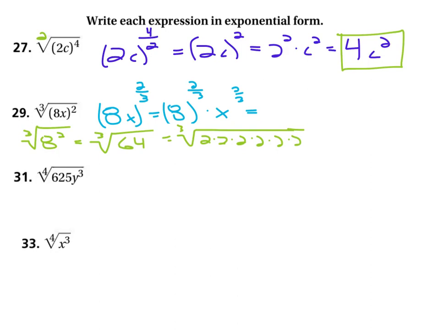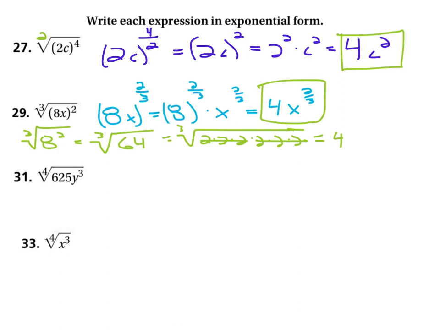It says every time you see it 3 times, bring it out once. So we bring 1, 2 out, and another 2 out. 2 times 2 is 4, and there's nothing left. So it just becomes 4. So that 8 to the 2/3 power is 4, and then x to the 2/3 power. And we're done with that one.